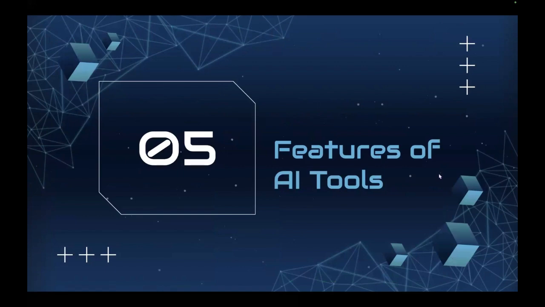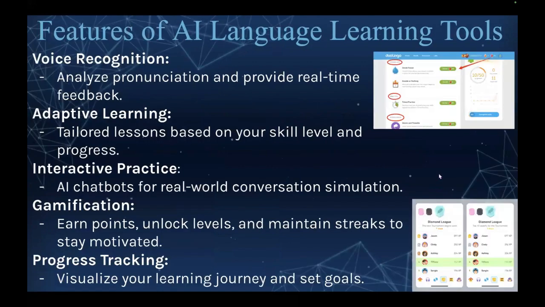Now we're going to look at some of the features of these AI tools. Voice recognition is one of the features that they provide, and it allows you to analyze your own pronunciation and provide real-time feedback. So it gives you things you can improve on in real time. Additionally, they have something called adaptive learning, which provides tailored lessons based on your skill level and progress.